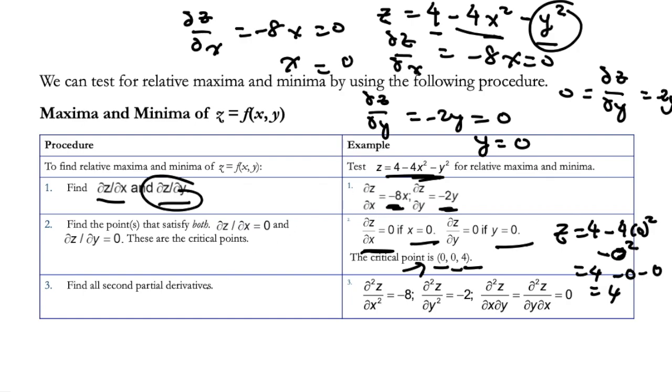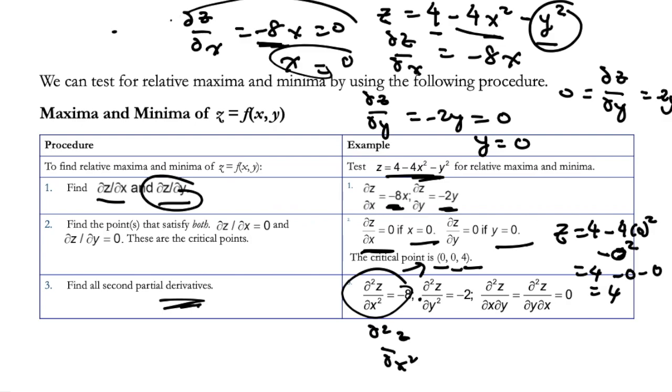And then after that, find all the second partial derivatives. Differentiate z again with respect to x from here. Don't equate it to 0, yeah? Here I use the eraser. I erase the equal to 0 because now I want to find the second derivative.